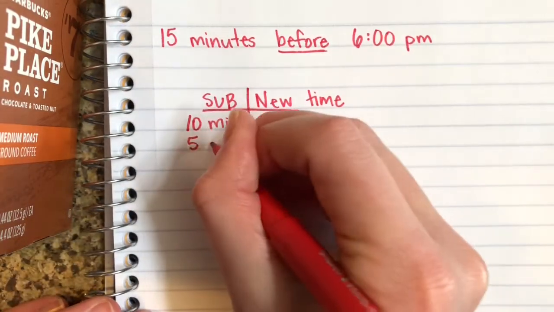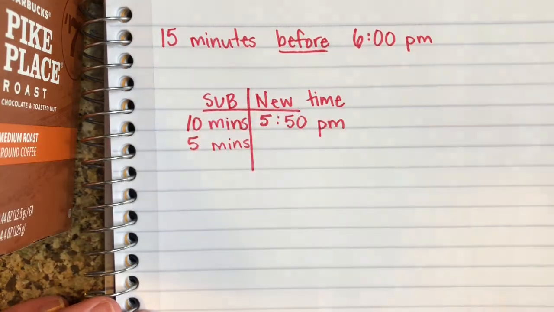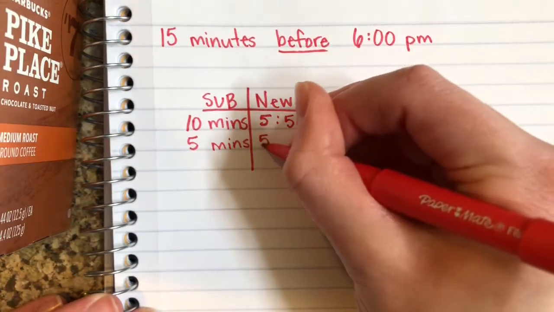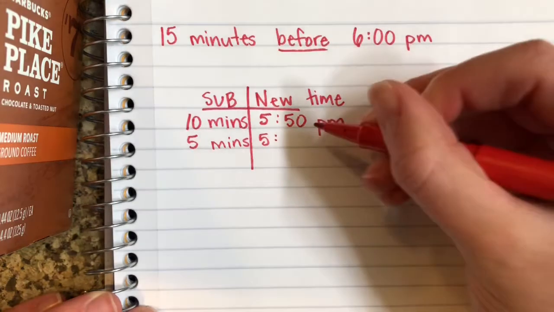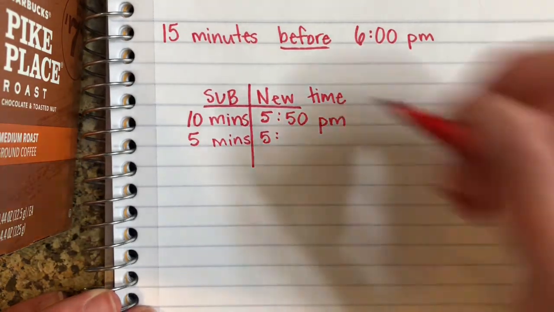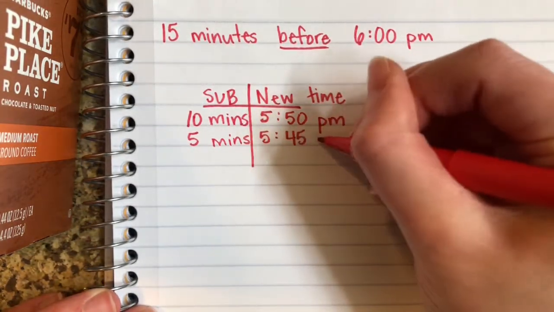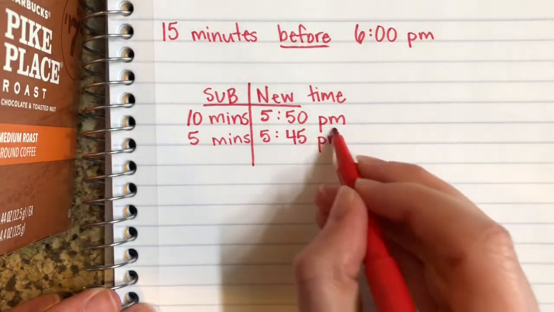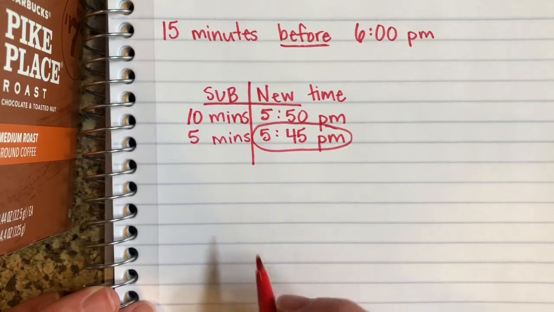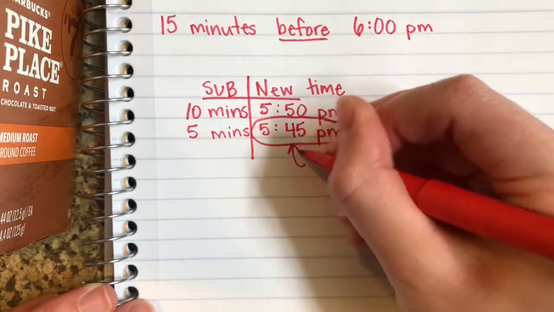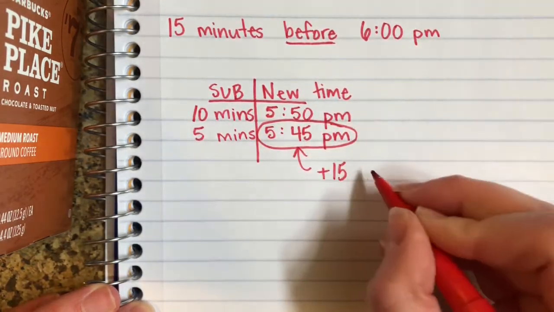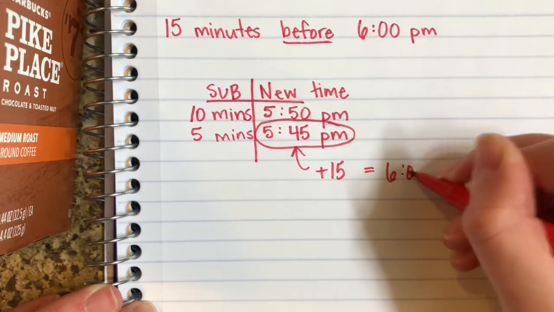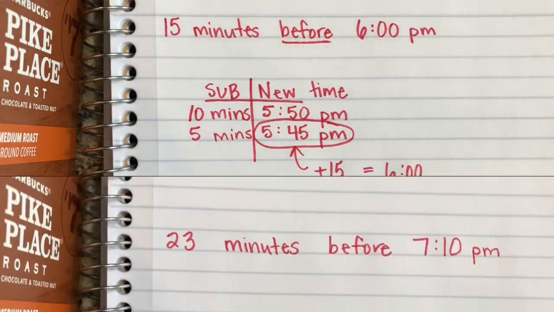We are missing 5 minutes. We are still in the 5 o'clock hour. We are taking 5 away from 50. We would get 45. So 15 minutes before 6 p.m. is 5:45. And a way you can check it is to add back in 15 minutes. You should get 6 o'clock.